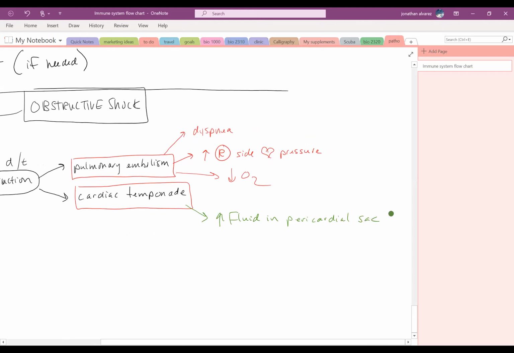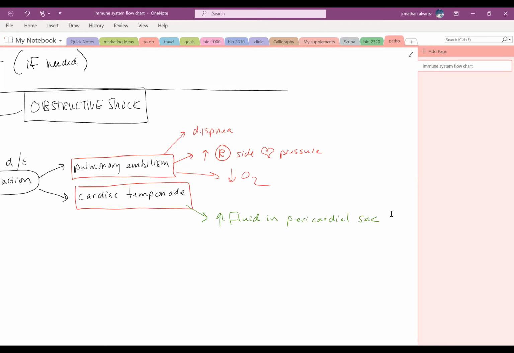So back to your heart anatomy, you've got the 4 layers to the heart, right? The outermost layer is the pericardium, and then you have the next layer in, which is the epicardium. Then the myocardium, then the endocardium, right? The myocardium being the muscle.